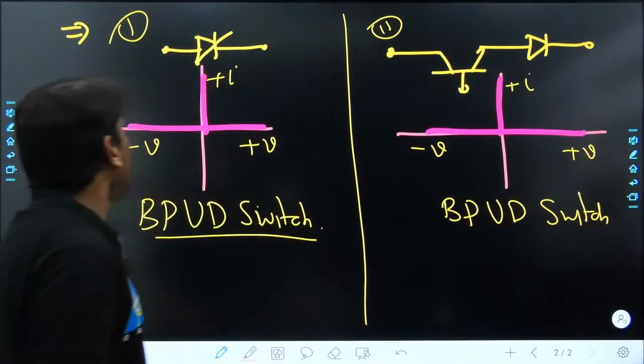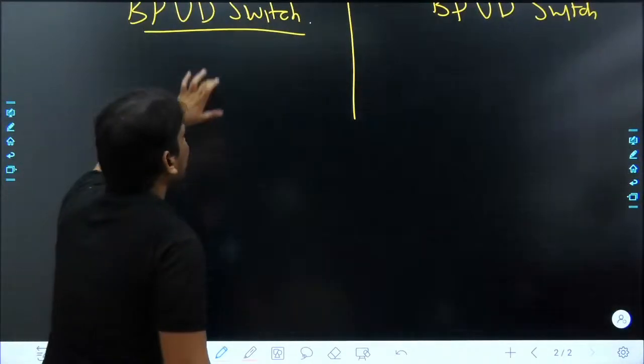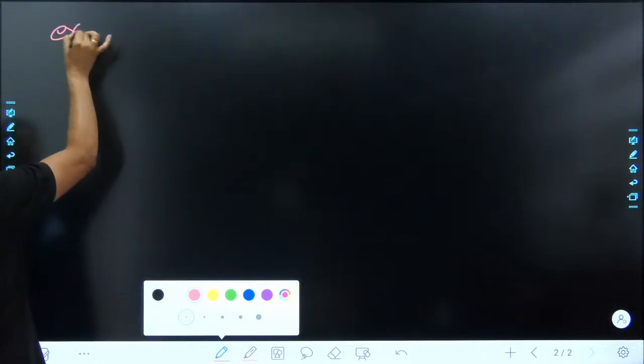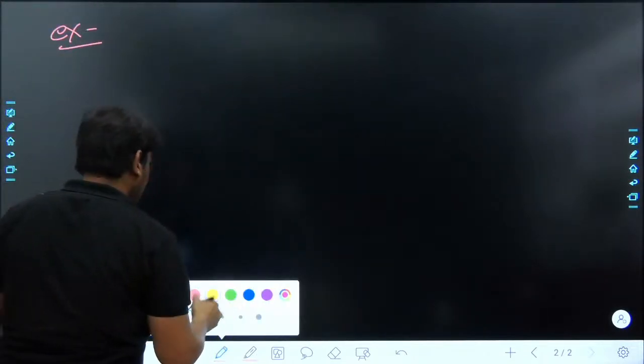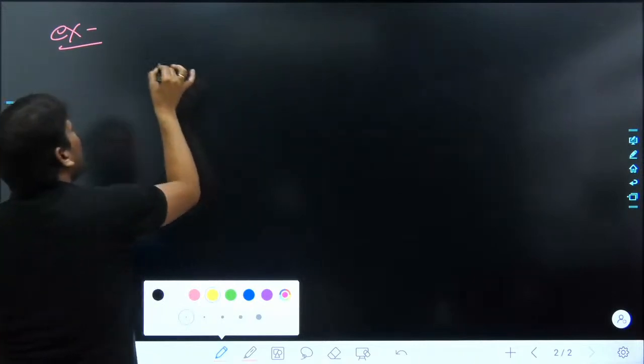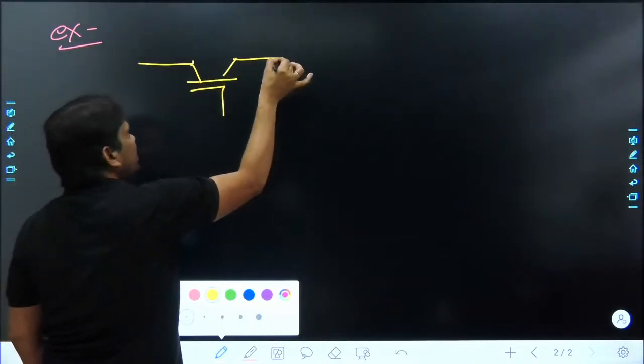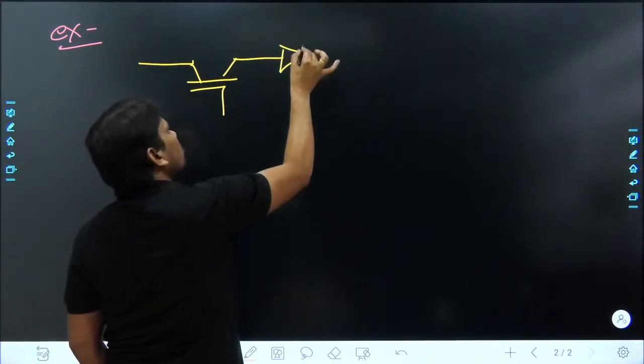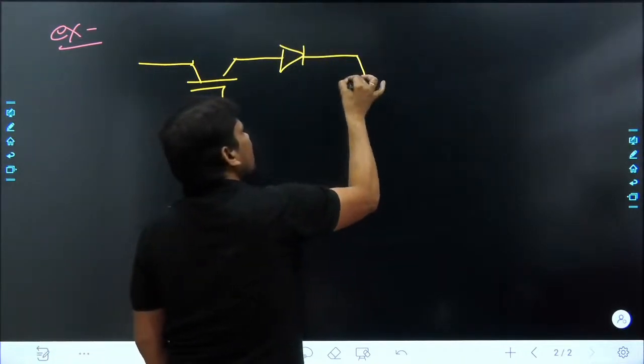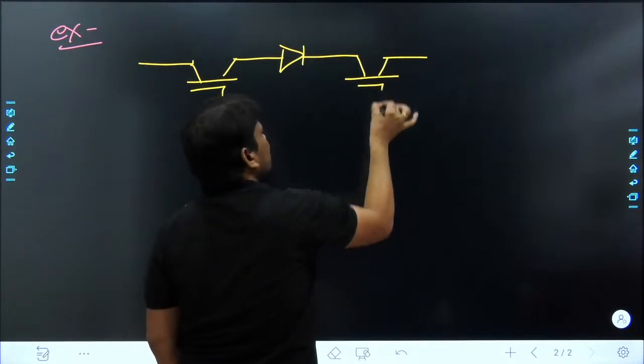Yes. Now I want to ask you one question, my dear friend. Read this question properly and tell me what will be the VI characteristic of the given switch module. This is an example in front of you. I am writing: we have one IGBT in this fashion, one more diode, and again one more IGBT in this way.